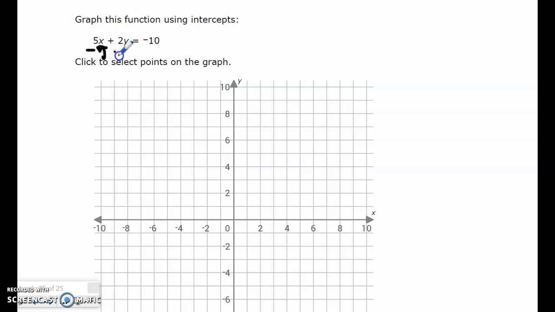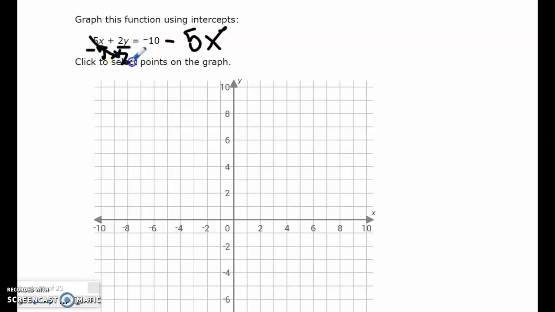Handwriting's really sticky right now, but you get the idea. So these cross each other out over here. That's the only reason I did that. But see, I still have 2y over here. So the second step I need to do is divide by 2.